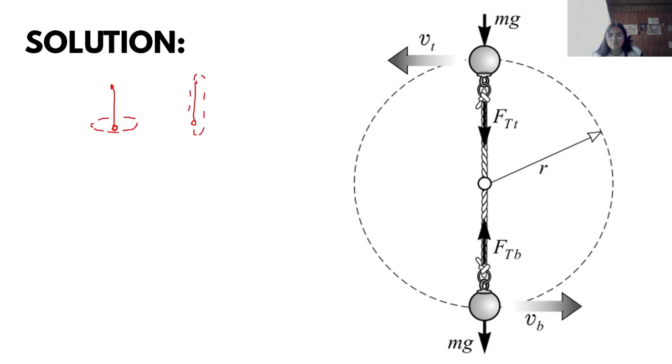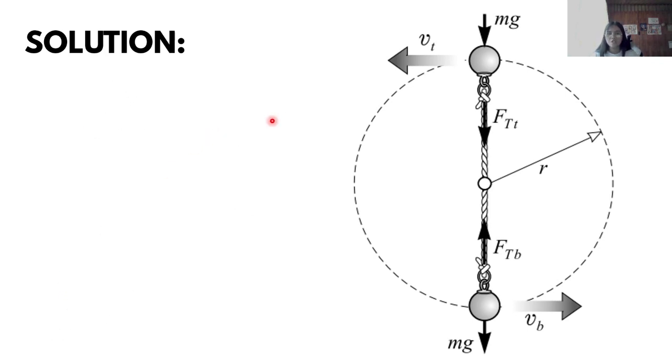Na-imagine nyo ba? Kapag horizontal curve, pag tinitingnan mo sa top view, pinaiikot mo ng ganun. Unlike sa vertical curve, kapag pinapaikot mo, ganun naman. Okay? Gets nyo ba yun? Kung hindi nyo gets, i-chat nyo na lang ako. I-explain ko na lang sa inyo ng mas maigi.